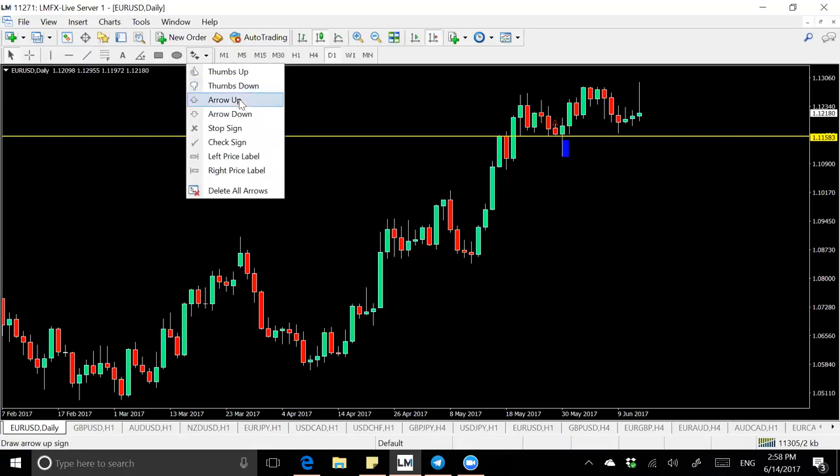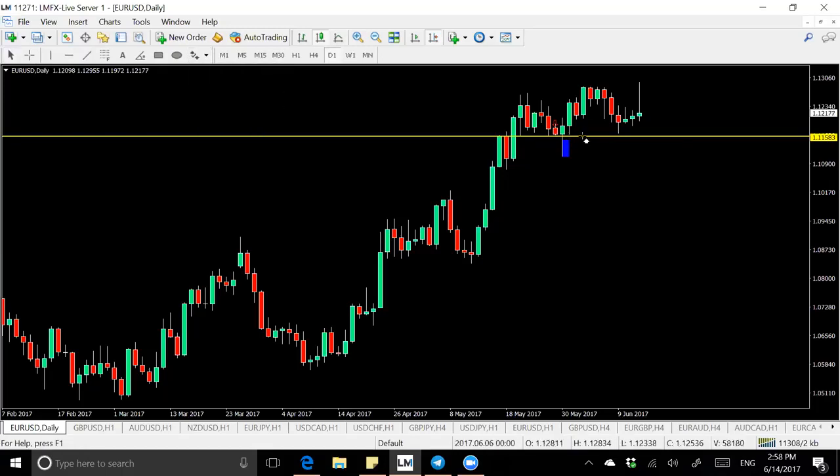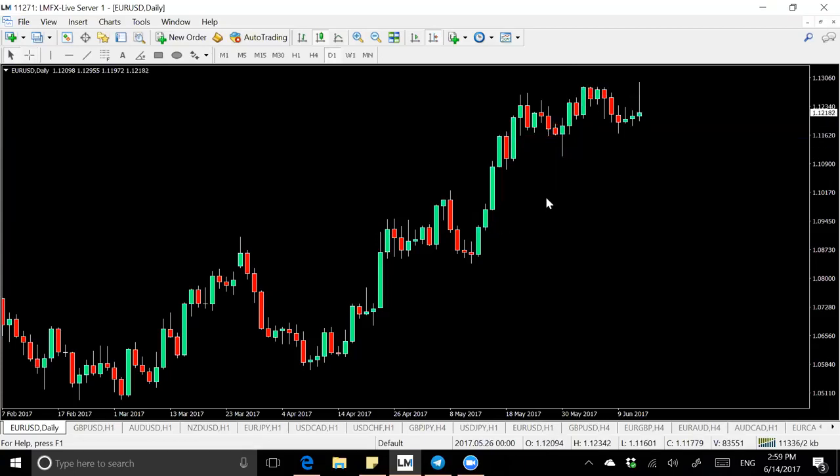And then what happens to your sell order there? This is what happens to your sell order. It goes against you. 118 pips. There's no way you could have covered that with a stop loss. And if you have a stop loss that big, you might as well just go home and not trade. So this is why it's always going to be an area which you have to be careful with.